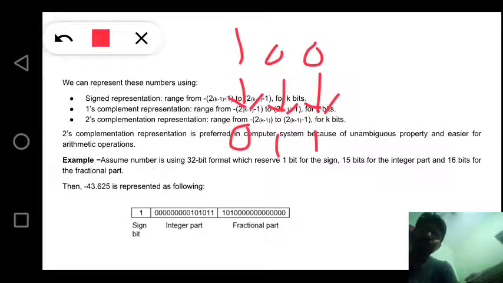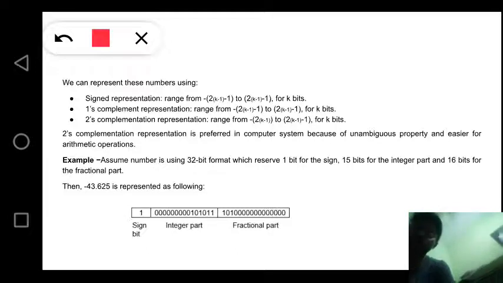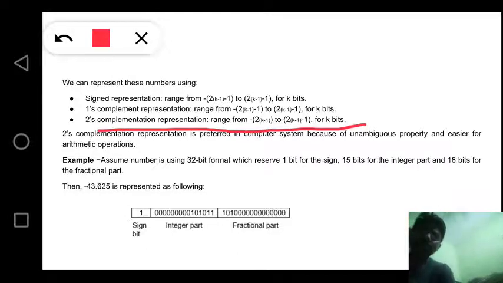This is called ones complement representation. It is important in representing fixed point numbers or floating point numbers in computer memory. We will discuss, just remember. Next, two's complement representation, which is a popular representation, and most computers use this two's complement representation. We will discuss it in detail.